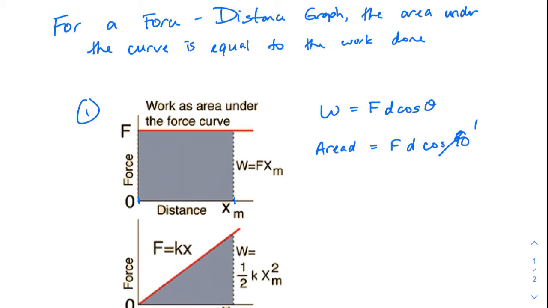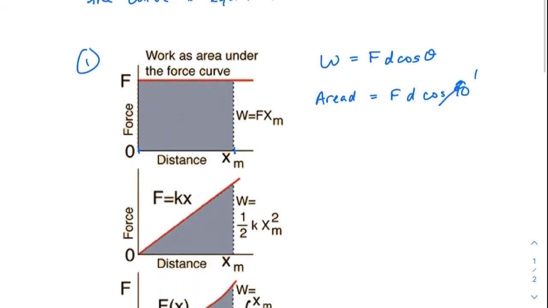Now, in the situation of graph 2, this is an example of a spring force doing some work, and in that case, you have to almost look at the average force that is being utilized to do the work. But again, if we just look at the area, work is just the area under the curve.